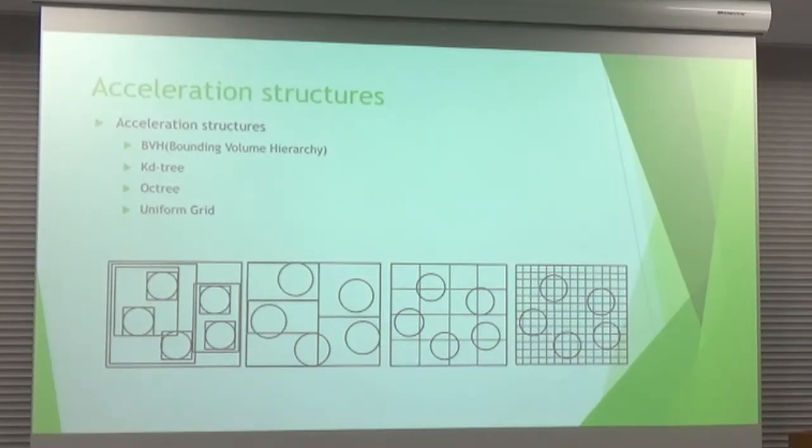The CAD renderer has already implemented some acceleration structures, and we can choose one of them. Each acceleration structure has advantages and disadvantages, but I think for typical scenes, we choose BVH structures. It's good at that.